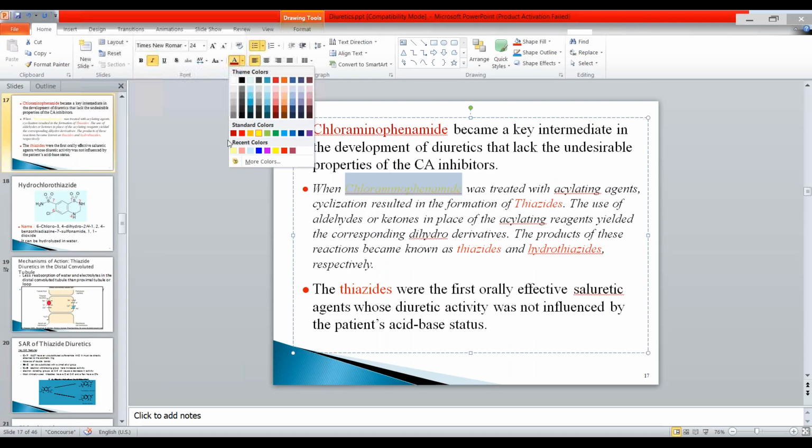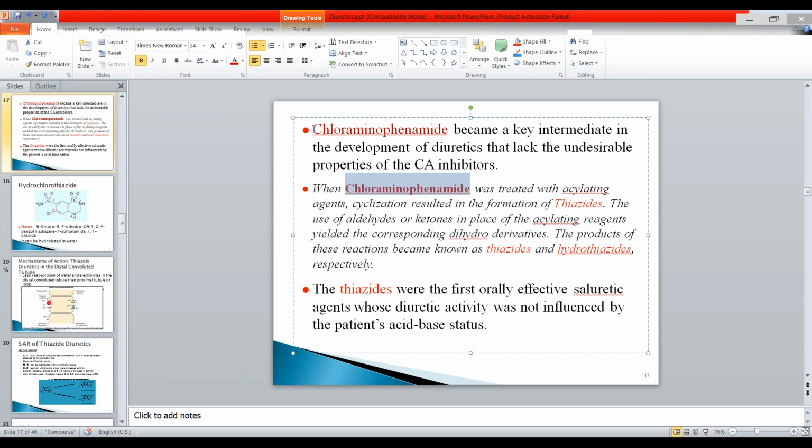Okay, so the parent drug from this class of thiazides or chlorothiazide is chloraminophenamide. This is the parent drug from which you started getting the diuretics of the class of thiazides and thiazide-like diuretics. It was developed keeping in mind the disadvantages associated with carbonic anhydrase inhibitors.